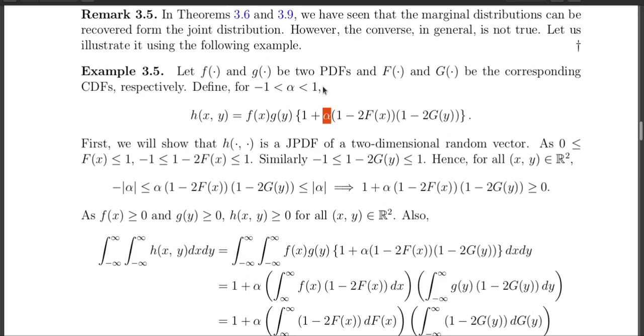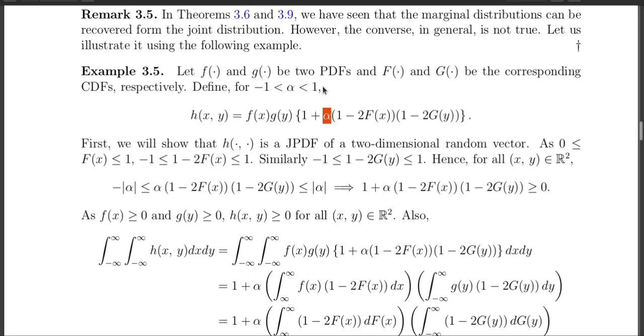This means that I have infinitely many joint density functions by changing the value of alpha, and for each of them the marginals remain the same. Clear? So though I can find out the marginals given the joint, given the marginals I cannot find out the joint, because in this case which alpha value is the actual one, I do not know.